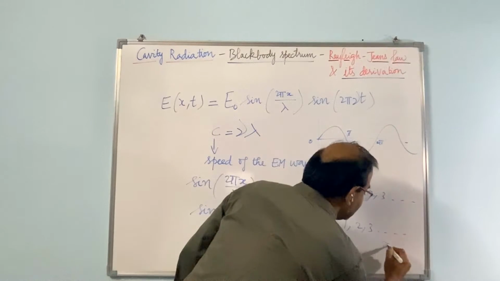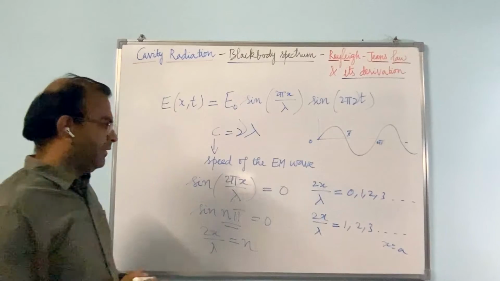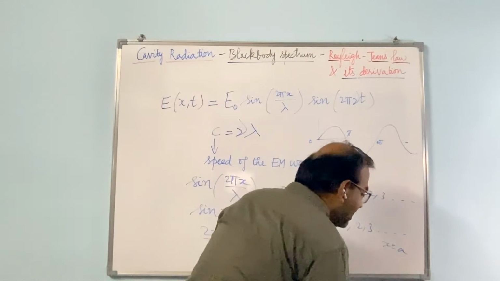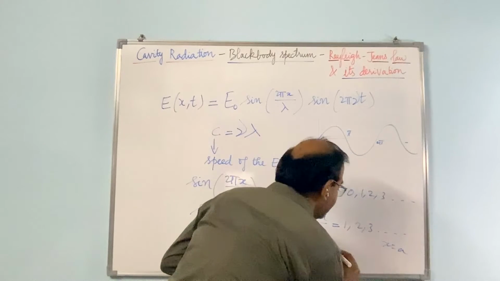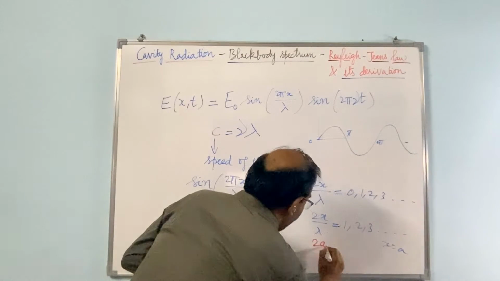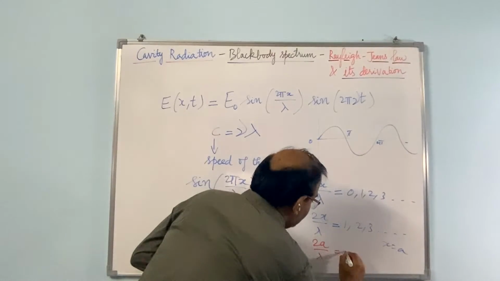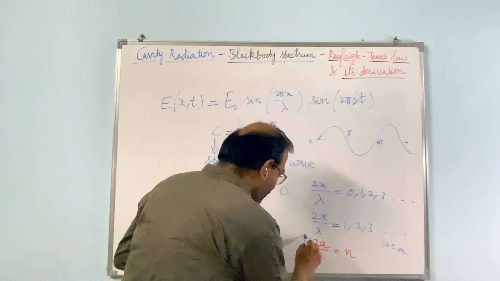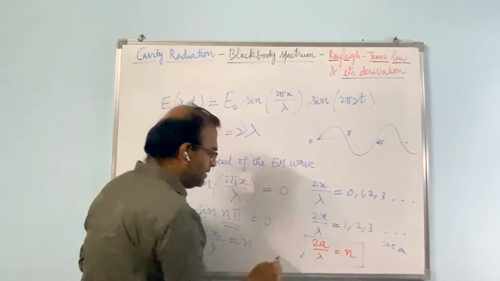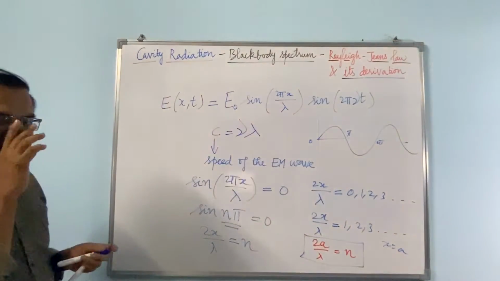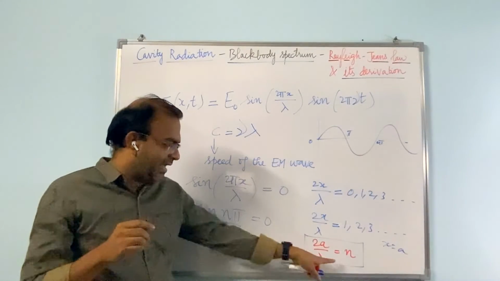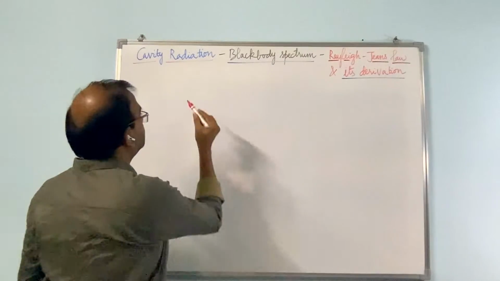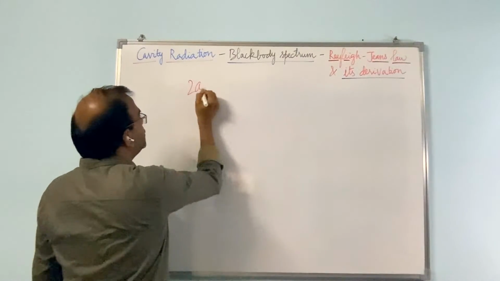This means we have the condition 2a over lambda equals n. That condition provides us the allowed wavelengths for this particular cavity, where n is the integer 1, 2, 3, and so forth.